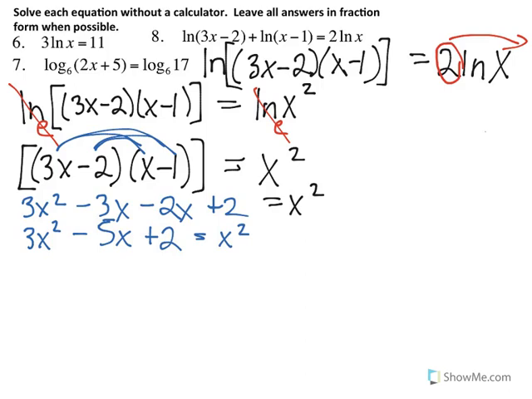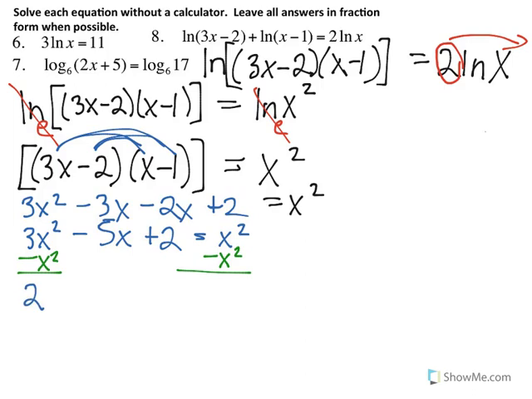Okay. And what we learned at the very beginning of our course was when we are trying to solve a quadratic equation like this algebraically, we've got to get it set equal to 0. Okay? And the only way that we can get this to be equal to 0 is if we subtract the x squared on both sides.